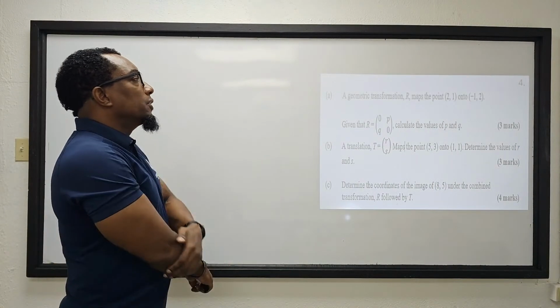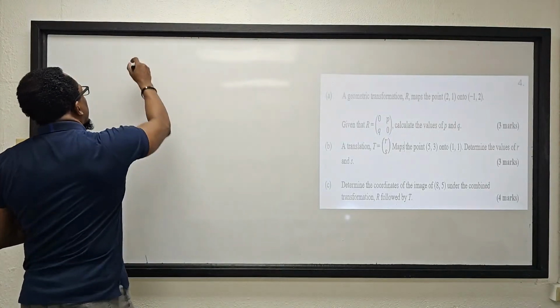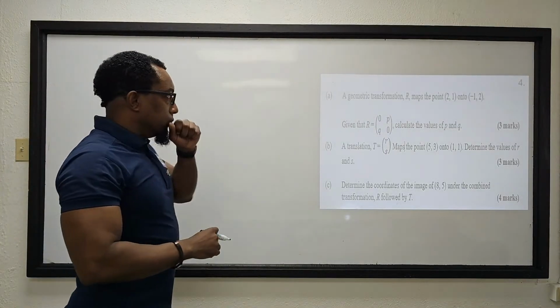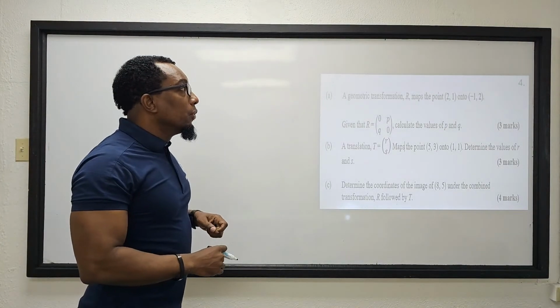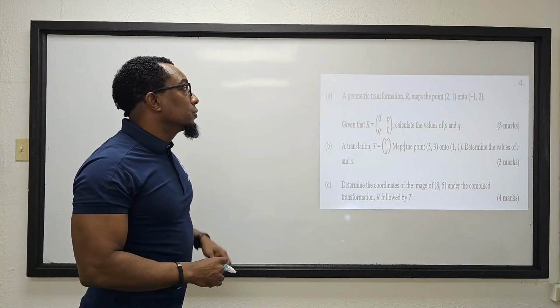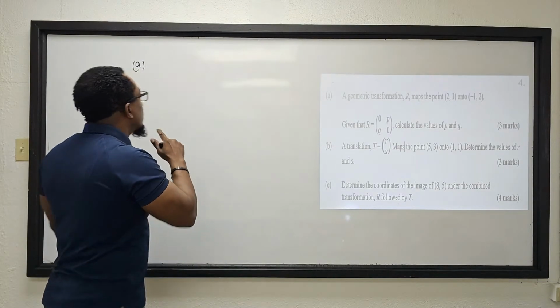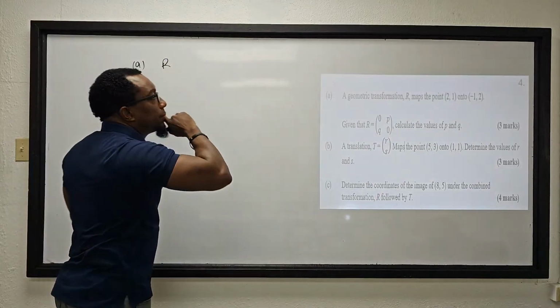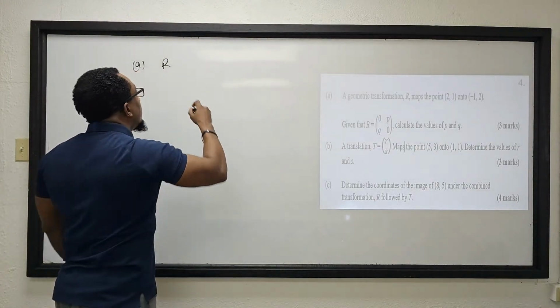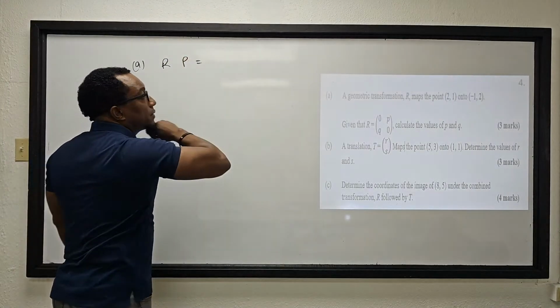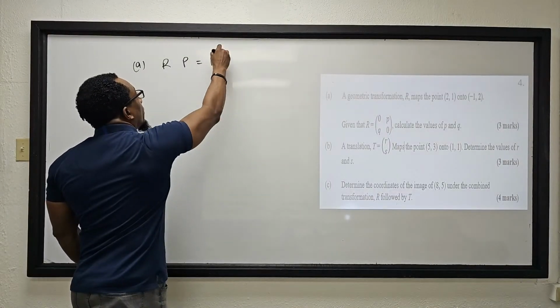So a geometric transformation R maps the point (2, 1), let me call that P, onto (-1, 2), let me call that P prime.